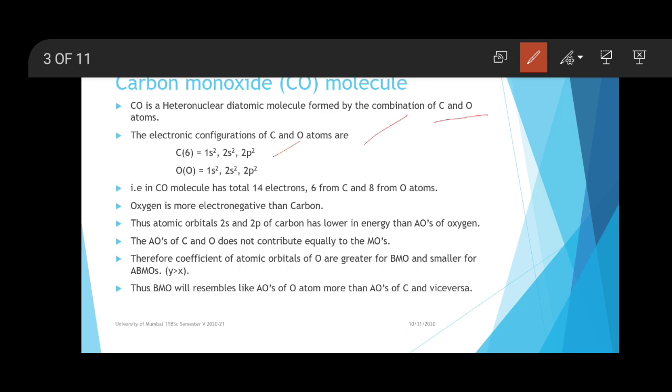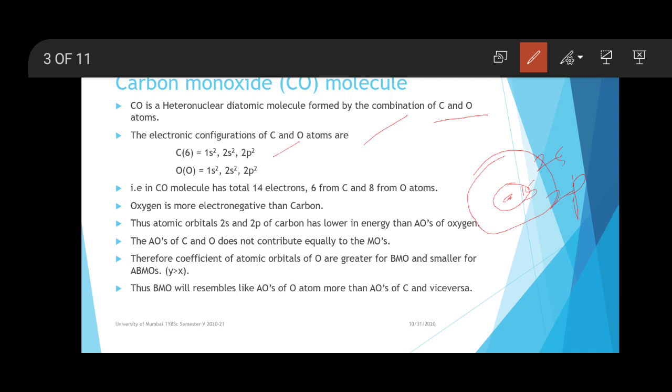Both 2s and 2p are the valence shell orbitals. Here you can see the nucleus, the 1s orbital of the first shell, and the 2s and 2p orbitals of the second shell. So the electronic configuration of carbon becomes 1s2, 2s2, 2p2.